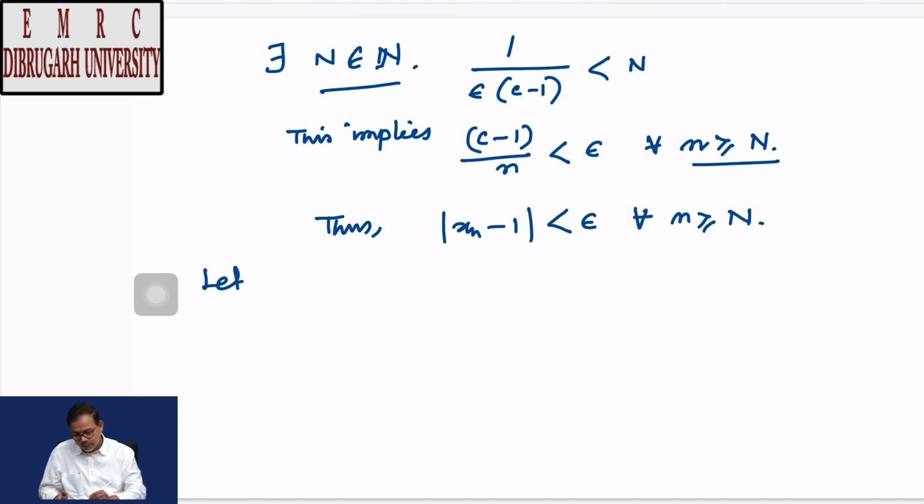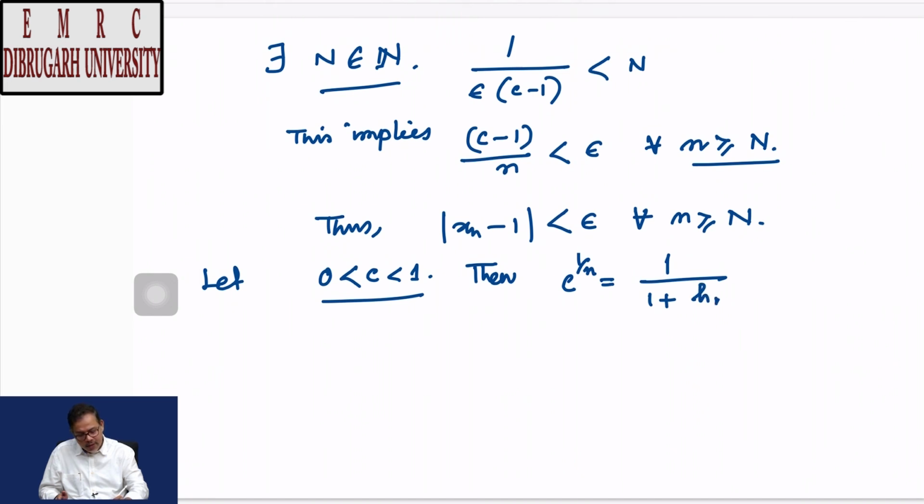Let c be lying between 0 and 1, then what happens? Then c to the power 1 by n is equal to 1 by (1 plus hn), where hn is greater than 0. We can always take such an hn which is greater than 0, so that c to the power 1 by n will be like this. Why?